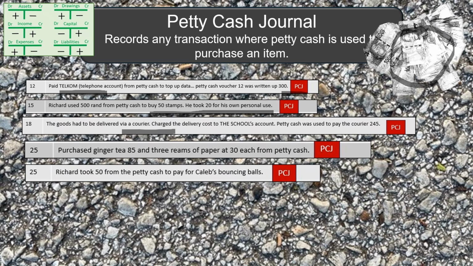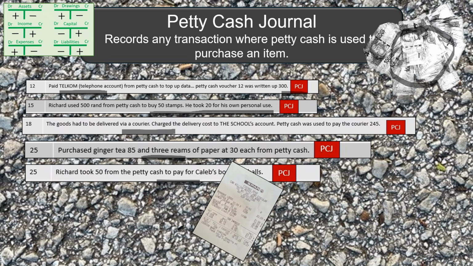Paid for the courier. Purchased some refreshments. Withdrew 50 Rand from petty cash drawings. So these are tiny little transactions amount wise. Instead of doing an EFT, you keep money on the premises for these little payments, cash.